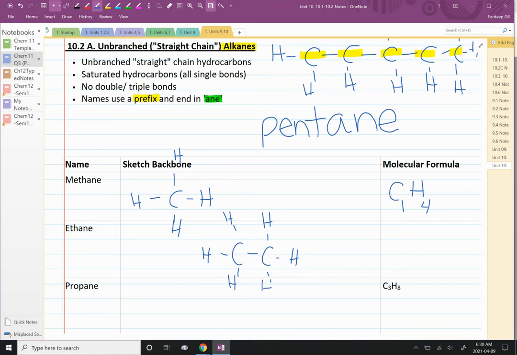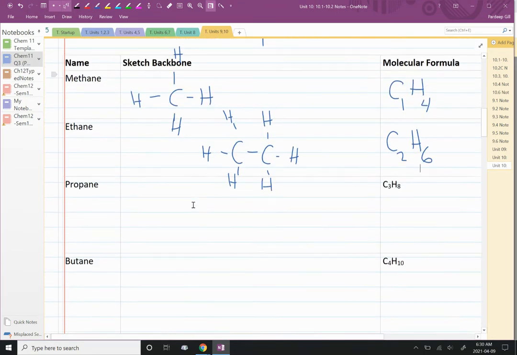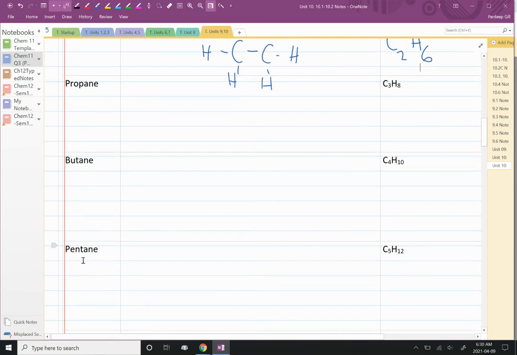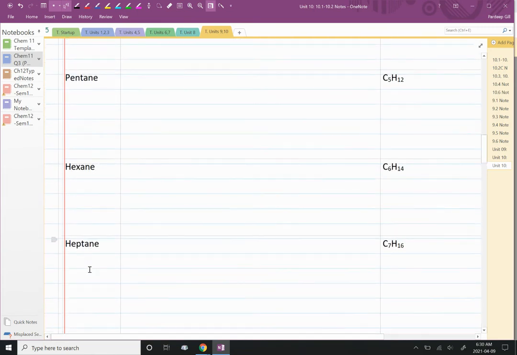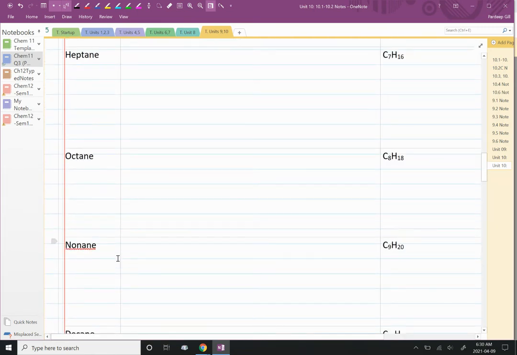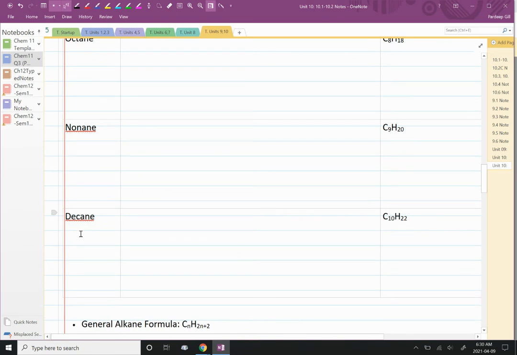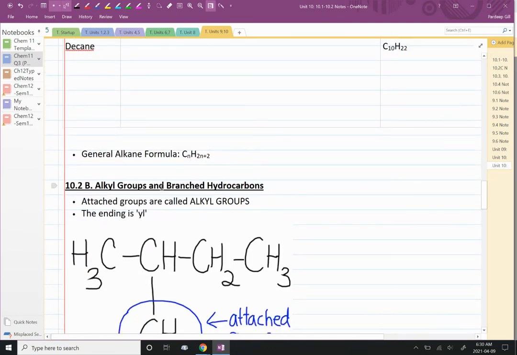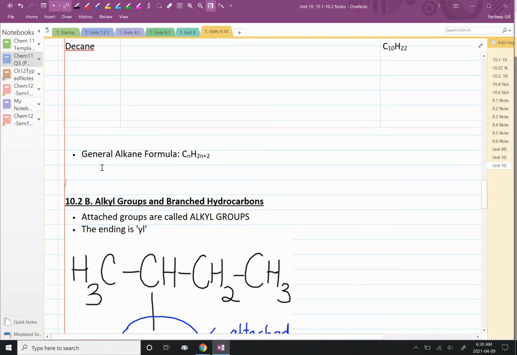And the molecular formula would be C2H6. 2, 4, 6. Okay, so just do that for all of them. Propane, butane, pentane, hexane, heptane, octane, nonane, and then decane. And this is the general formula for an alkane. So you can pause the video and you can set those up.